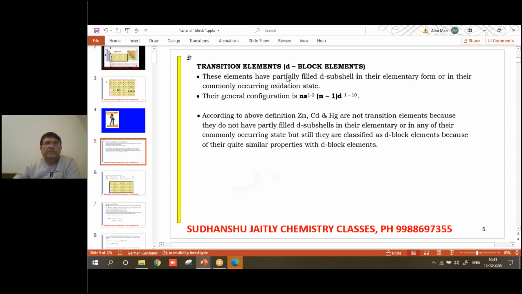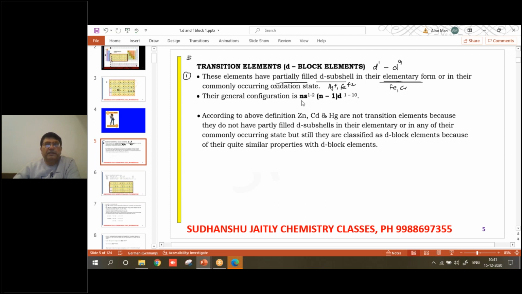So, transition elements, the D block elements. By definition, these have a partially filled d subshell, partially d1 to d9, in their elementary form, like iron, maybe chromium, or in their common oxidation states, like iron plus, silver plus, etc. Remember this point.